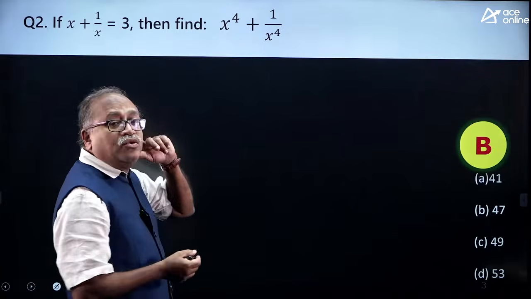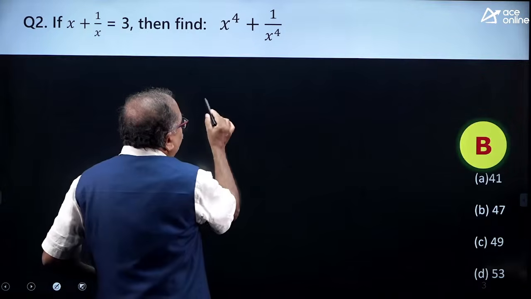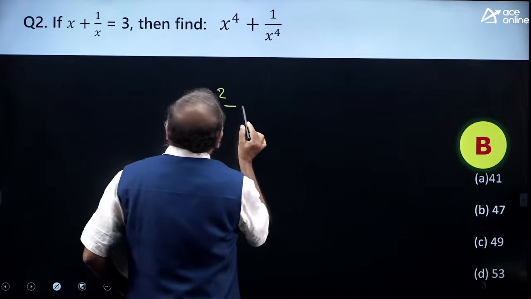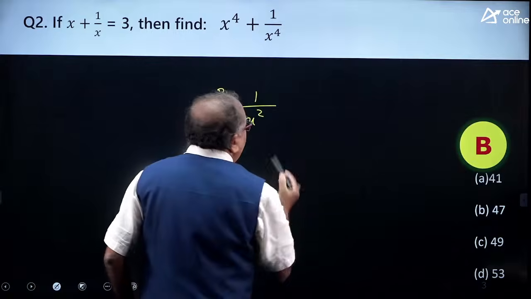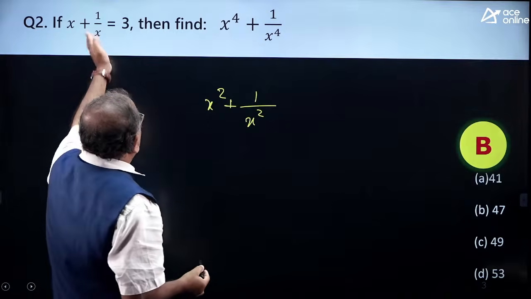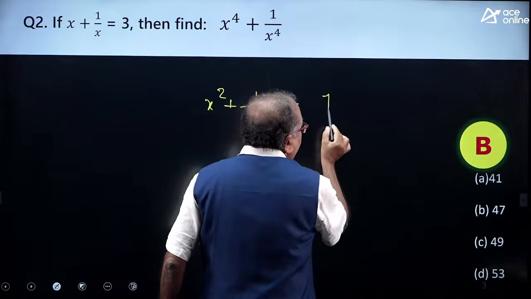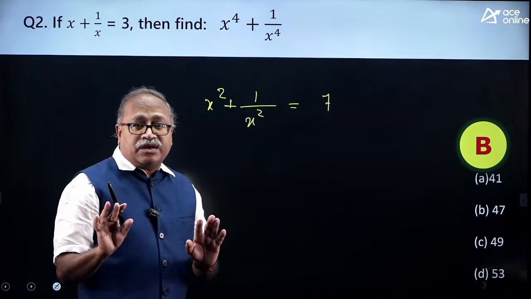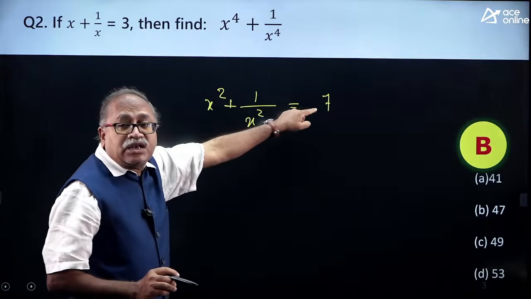What I am going to do is make the square of this part. That is x square plus 1 by x square. On the other side, 9 square minus 2, and that comes 7. I am directly writing this, it is a very common question, that is 9 minus 2.